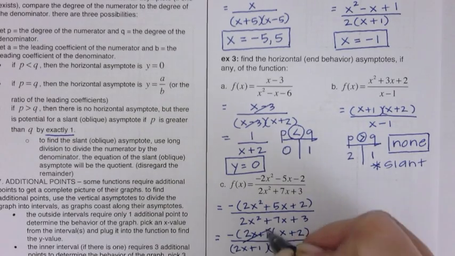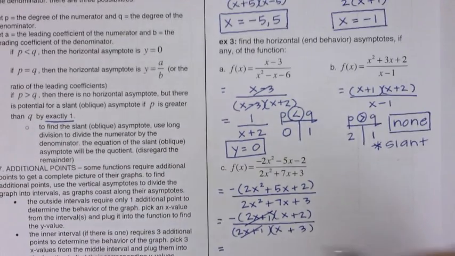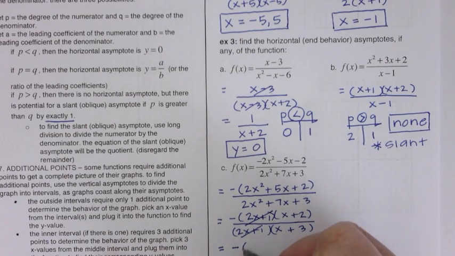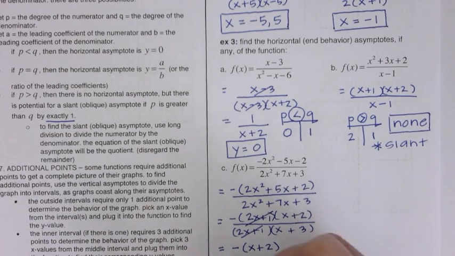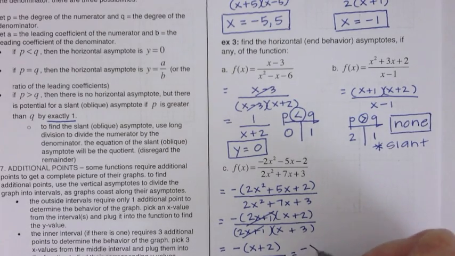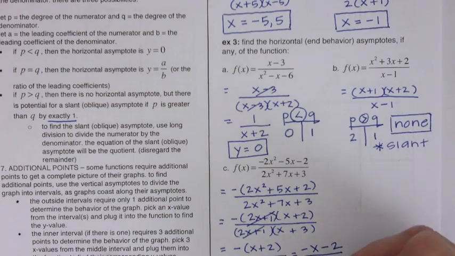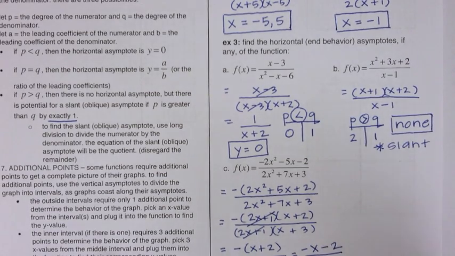Ooh, look at that right there. Those factor right there. So this reduced form is negative x plus 2 over x plus 3. This is not any more simplified, but if I multiply that negative out, this is the reduced expanded form of the equation.